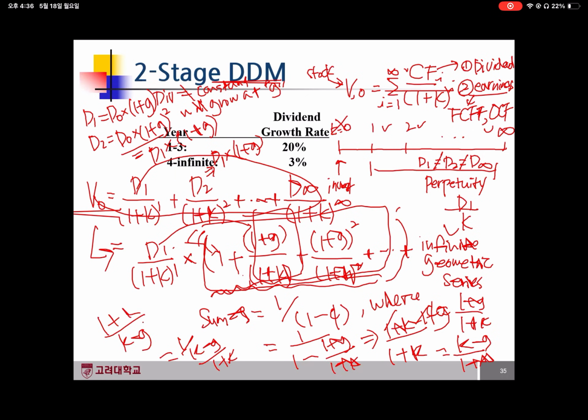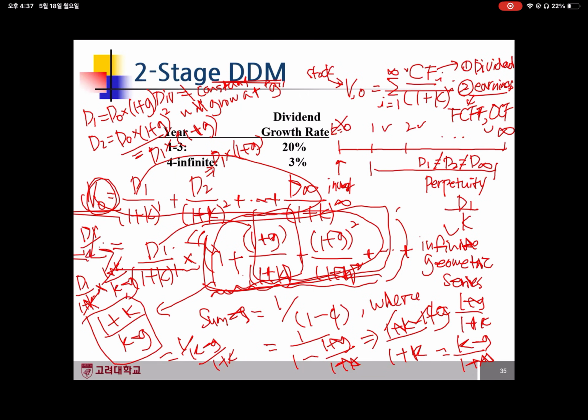So the value of the stock at time 0 is equal to D1 over 1 plus k times 1 plus k over k minus g. If we cancel these, the final term is D1 over k minus g.